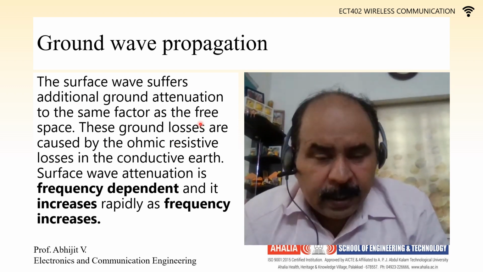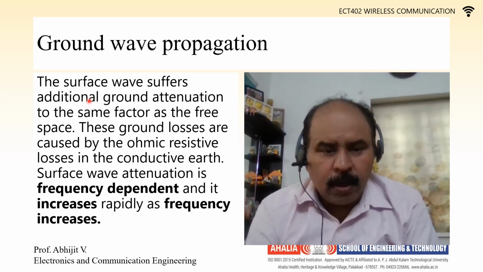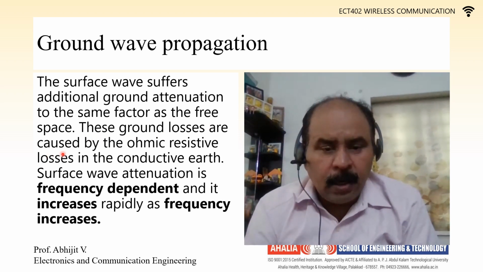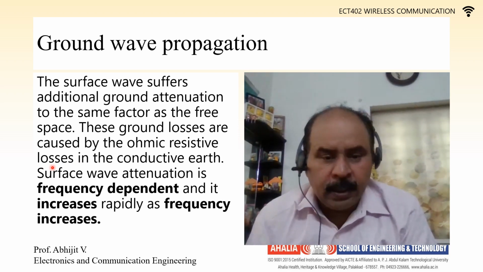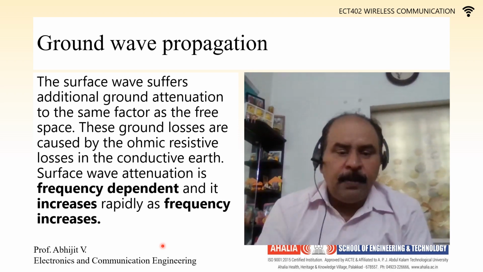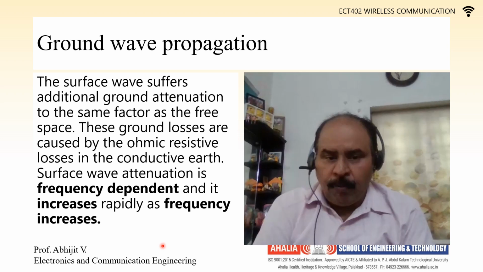So what are the factors that affect ground wave propagation? The surface wave, the ground wave, suffers additional ground attenuation on top of the same factors as free space. The ground losses are caused by ohmic resistive losses in the conductive earth. Surface wave attenuation is frequency dependent, and it increases rapidly with frequency.